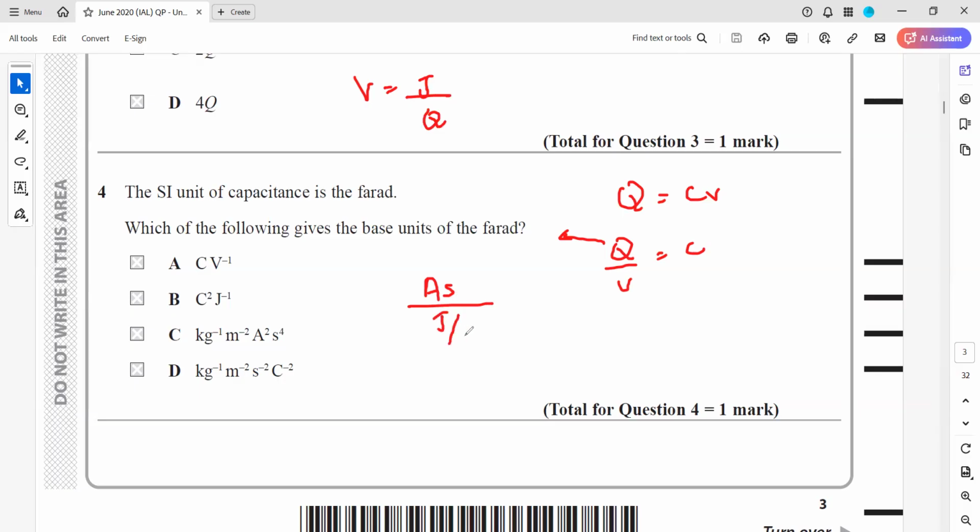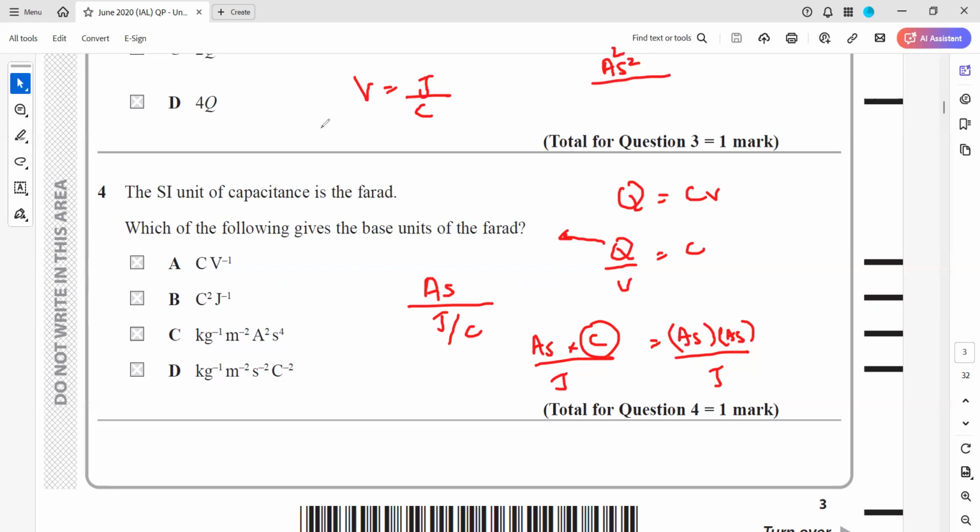So this will be ampere second divided by joules per coulomb, or I can say ampere second times coulomb divided by joules. What is coulomb? Coulomb is again ampere second. So this will become ampere second squared, ampere second and ampere second divided by joule, so ampere squared second squared divided by joule.